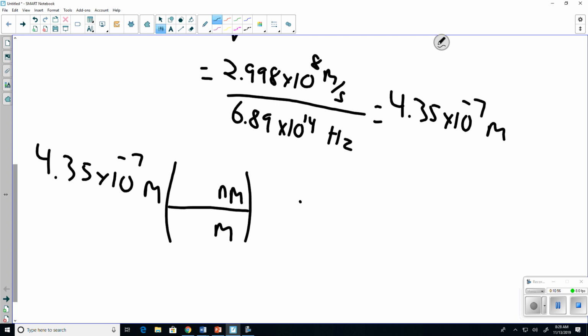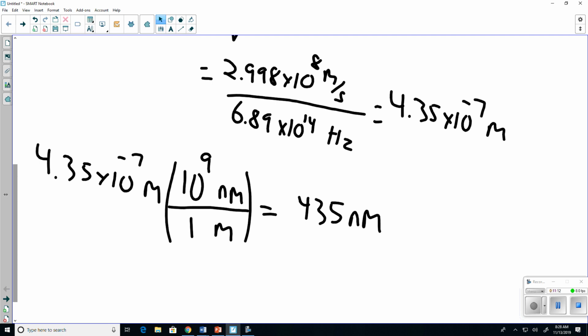That puts nanometers on the top. There are 10 to the 9th nanometers in 1 meter. Plus now this gives me a much more readable value, 435 nanometers. Heck, that's something we can set our spectrophotometers at. That's violet on the electromagnetic spectrum.